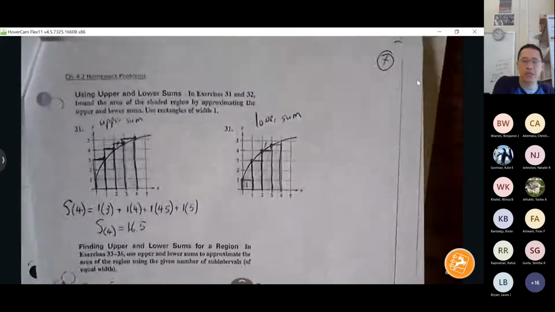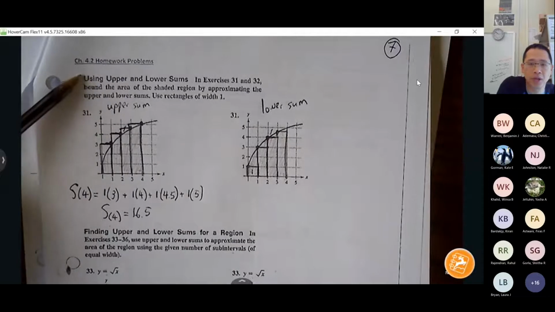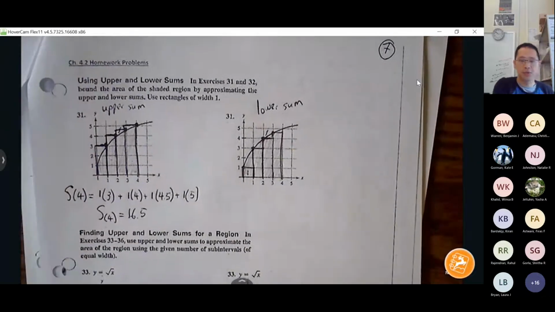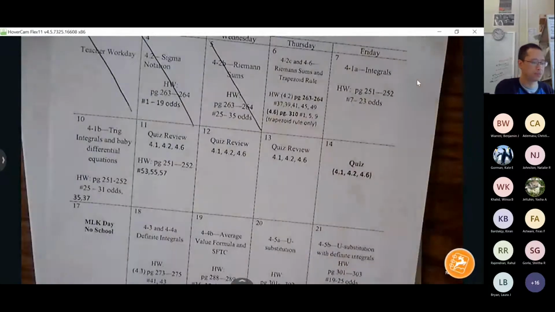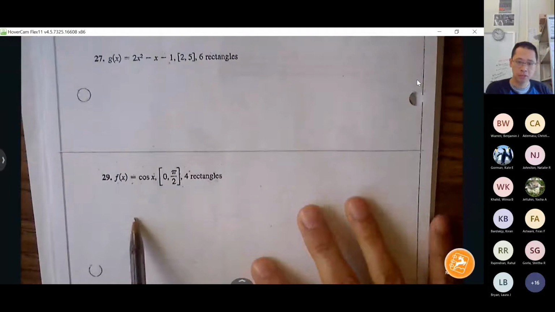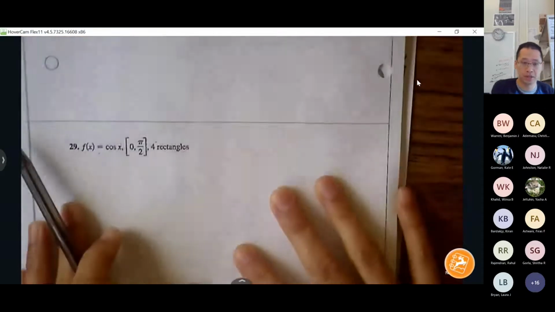So yesterday we went through some of the problems on page 7, which is a printout that includes some of your homework problems. If you go to the next page, this is number 29, which is from your textbook, from your homework problem, but I also copied it onto page 8 of your packet.